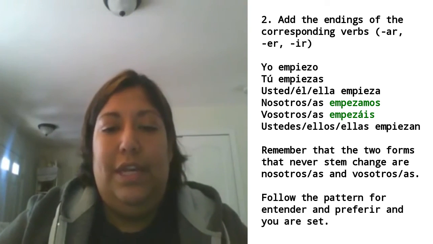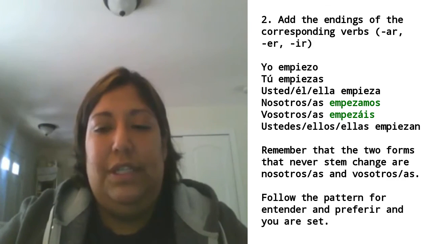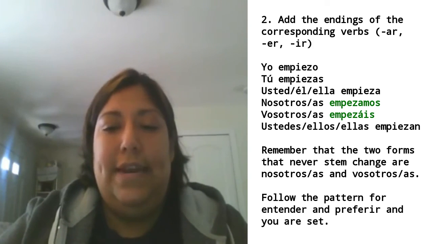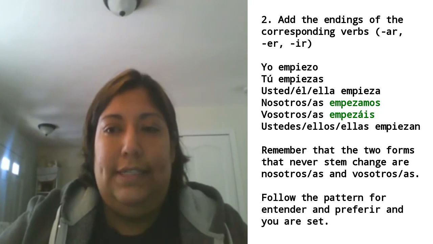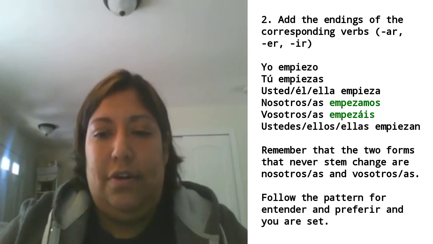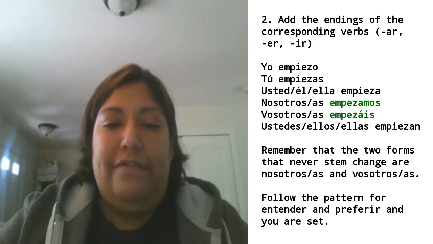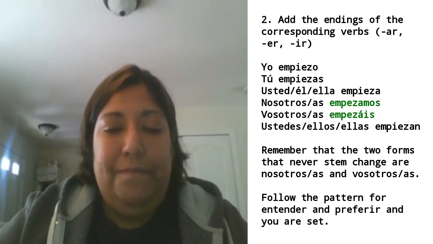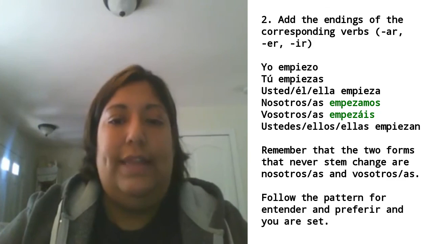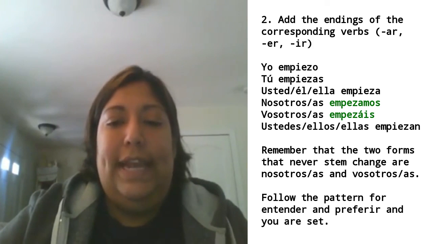The only thing that is different, of course, is if a verb ends in ER or IR and is therefore of the second and third conjugation. So you have entender, but remember that's an ER ending verb, so you'll add the ER endings. Same for preferir.